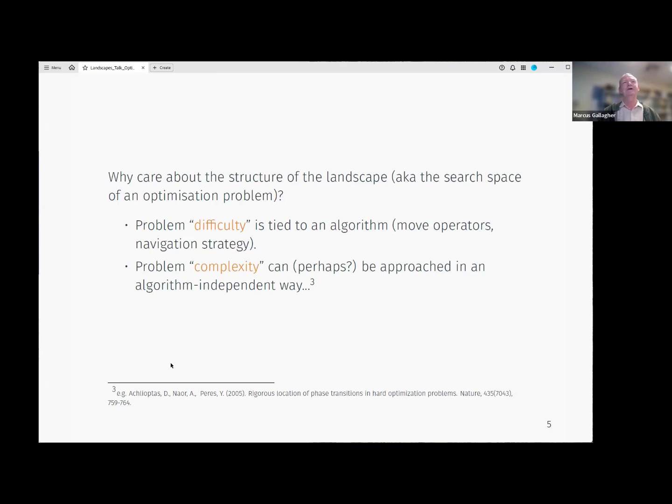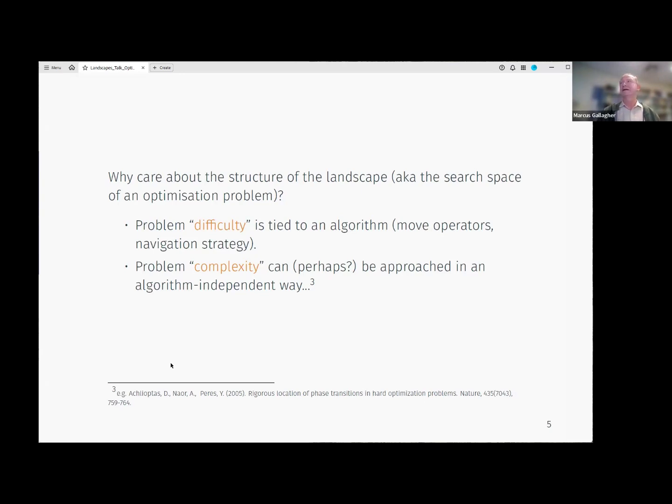But how do you relate the performance of an algorithm or the mechanisms of an algorithm to the problem, to be able to say something about this mapping between problems and algorithms and algorithm performance?